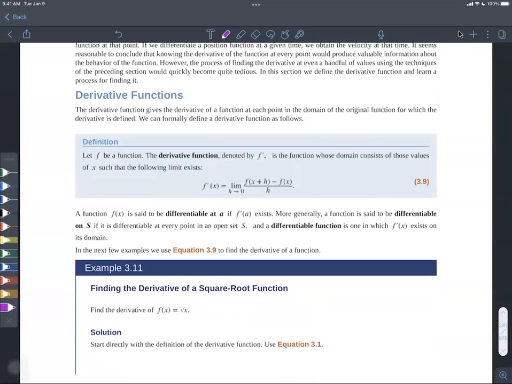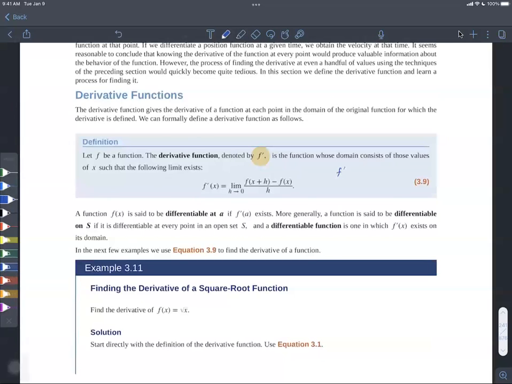Let f be a function. The derivative function, denoted by f prime, is the function whose domain consists of those values of x such that the following limit exists. And notice that the limit is just the limit definition that we saw before.